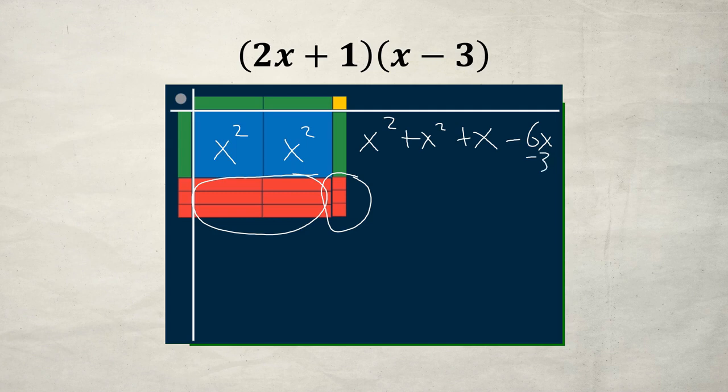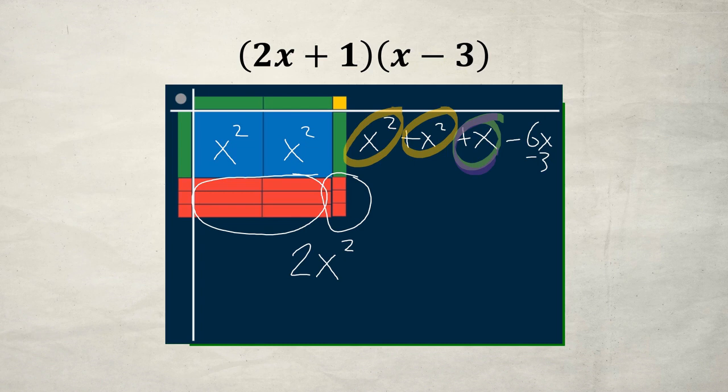Okay. If we combine our like terms, so here I have an x squared and an x squared, that's going to give me 2x squared. If I look at my x's, I have an x. Oh, that did not show up. Let's see. That didn't show up either.